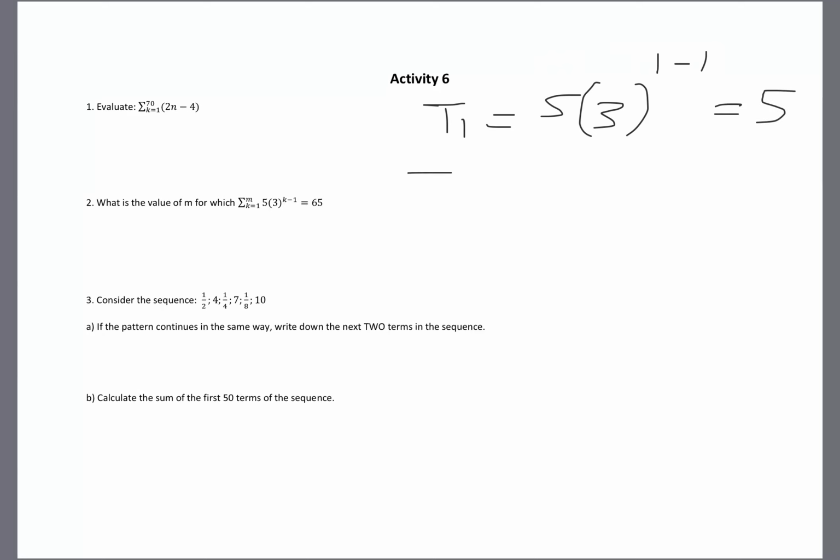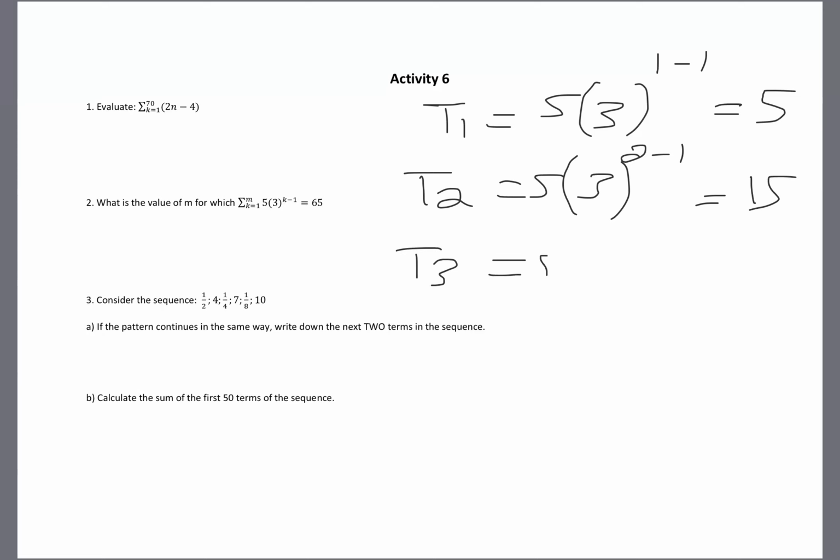And then my T2, I do the exact same thing. So I'm going to have a 2 minus 1, which then gives me 3 multiplied by 5, which is 15. And then my T3 is equal to 5 multiplied by 3 to the power of 3 minus 1. That's a 2, that's a 9, that's 45.